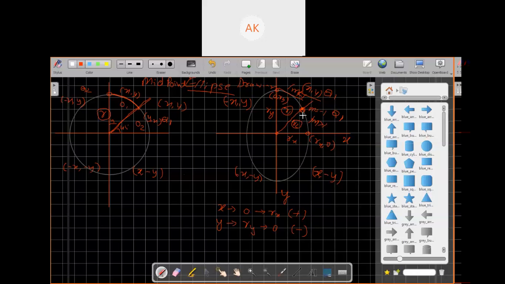We have divided our ellipse in quadrant 1 into two regions: region 1 where the magnitude of your slope is less than 1, and here the magnitude of your slope is greater than 1. At this point where we have divided region into 2, m is exactly equal to -1.